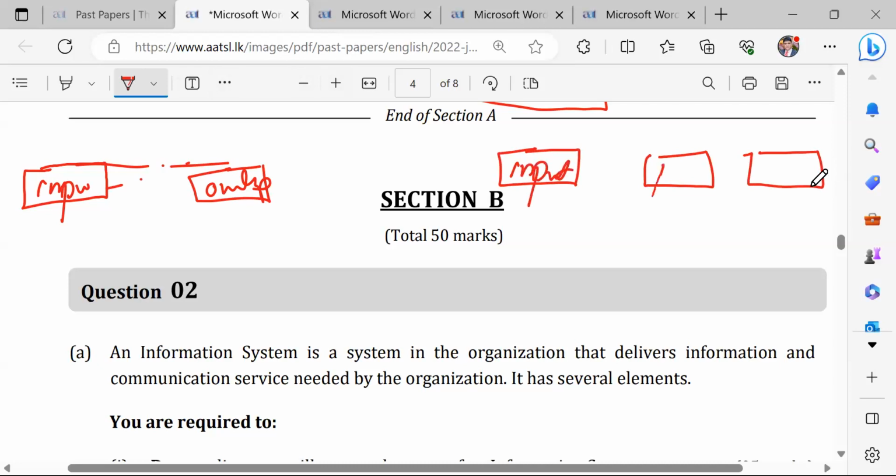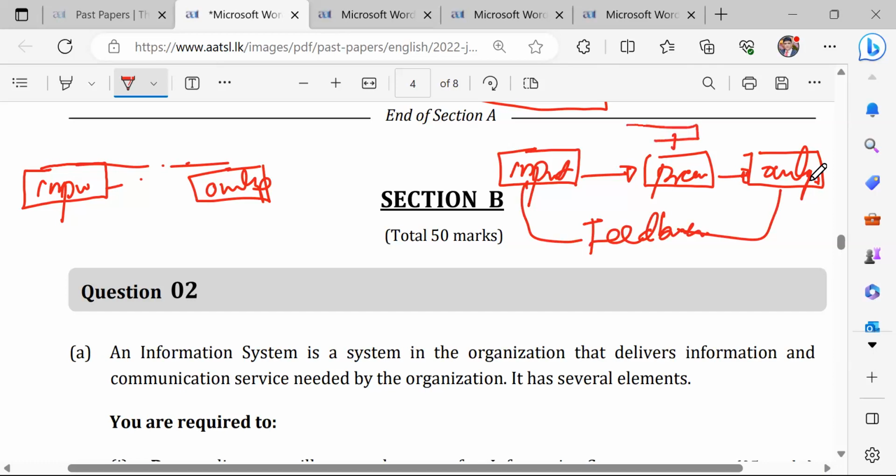Input, process, output, right? When feedback is required, feedback, right? Or the process needs control, and in addition to that, there are interfaces.